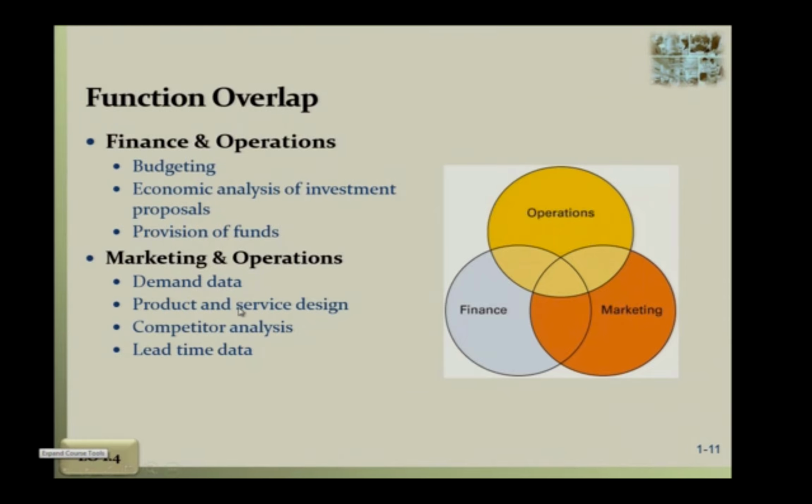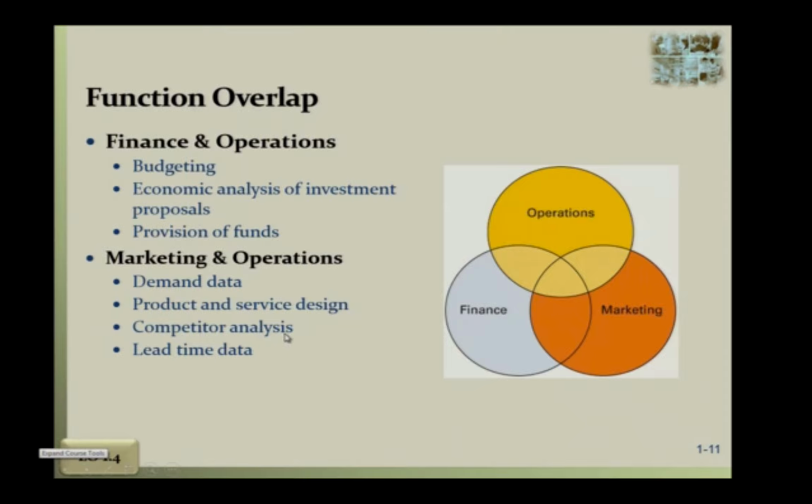the eyes and the ears of the organization, the marketing group. So they have to actually see what the trends are out there and what products and services the customers demand, and try to help the design group to design the product and then send it to operations for manufacturing.